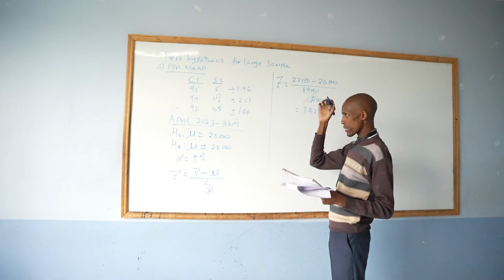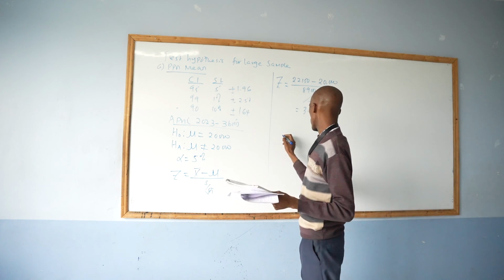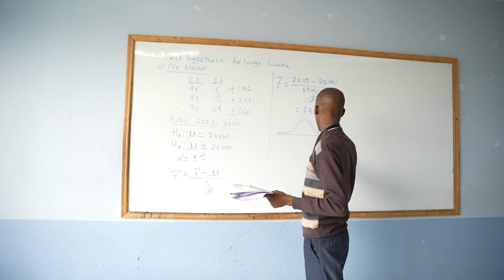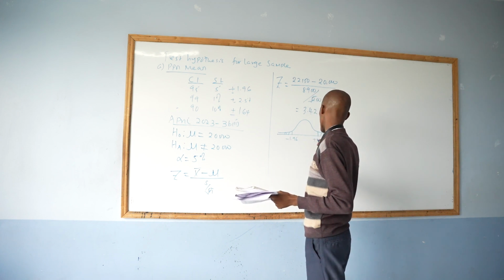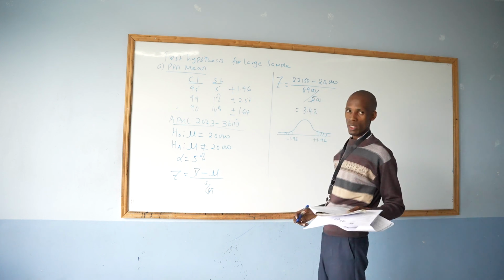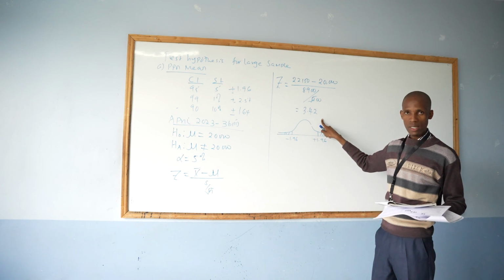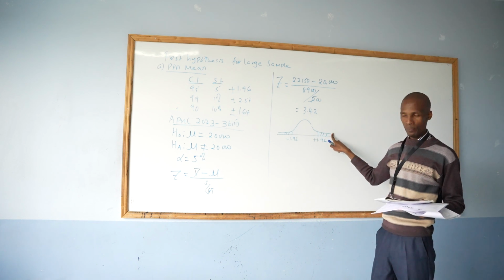Remember, we are saying at 5%, if you are using the two-tailed test, it is between negative 1.96 and positive 1.96. Please take note of that. This is called the acceptance region, the one which is not shaded. The shaded one is rejection.